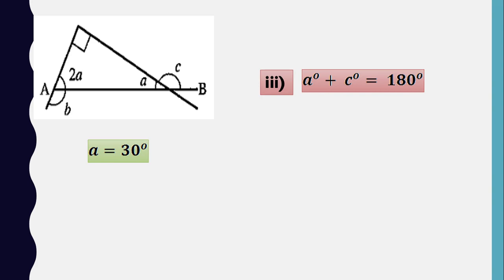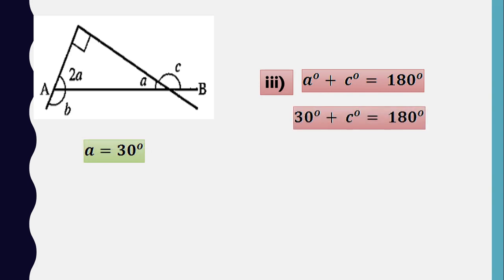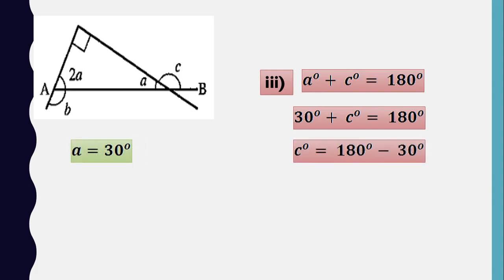So you substitute the value of A, which is 30 degree. Now you will find out C, that is 180 degree minus 30 degree. You will subtract it to get 150 degree. So you got the value of C, right? So C is 150 degree. So you found out all the unknown angles marked with letters. As per the question, we found out everything.